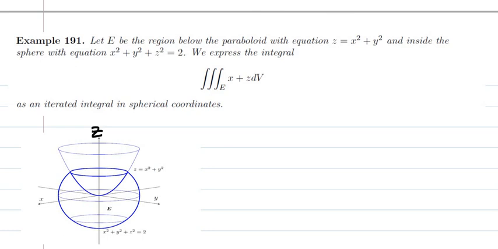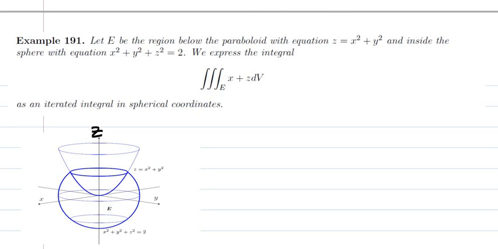Here, E is a region below the paraboloid with equation z equal to x squared plus y squared, and inside the sphere with equation x squared plus y squared plus z squared equal to 2. The task is to express the integral of x plus z over region E as an iterated integral using spherical coordinates.